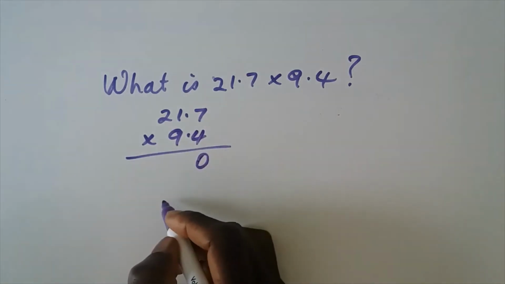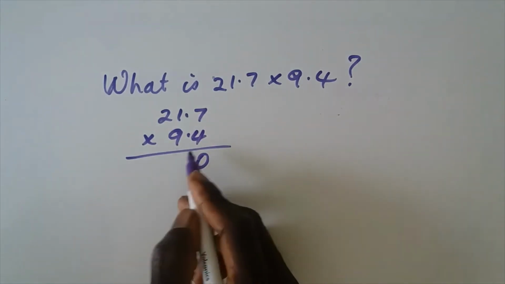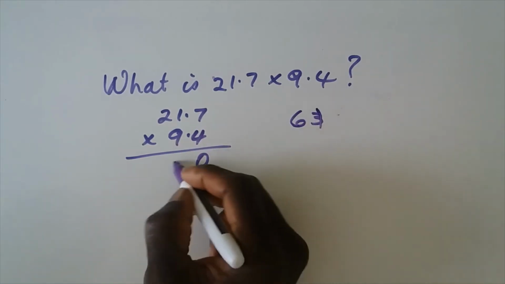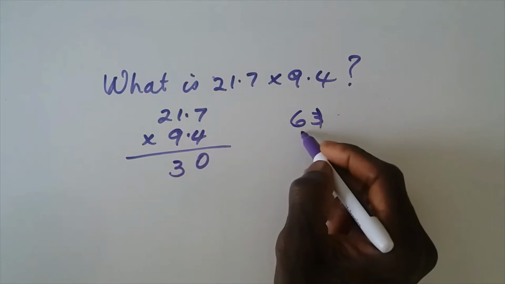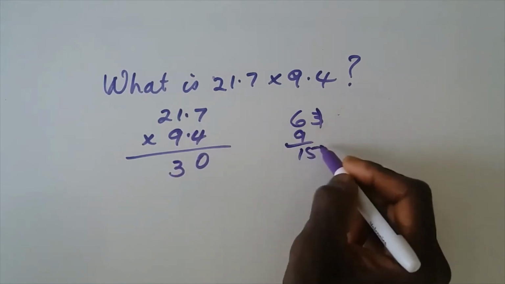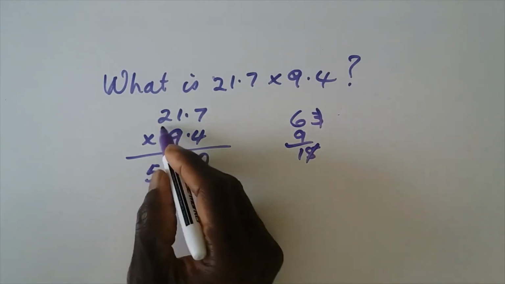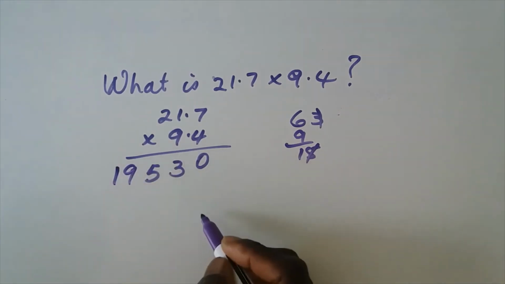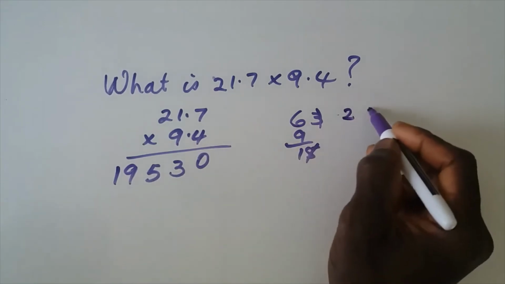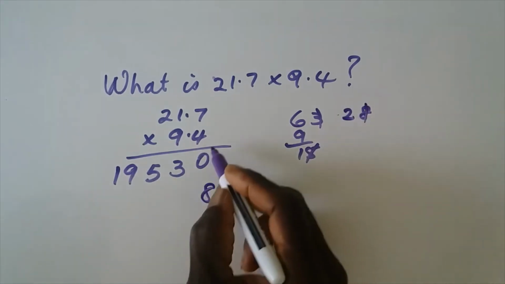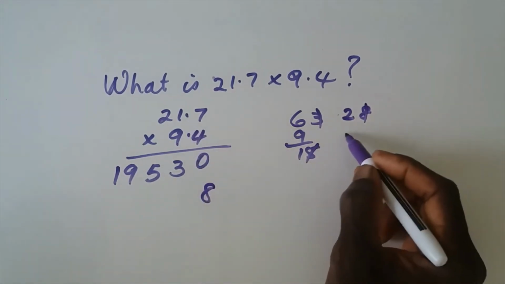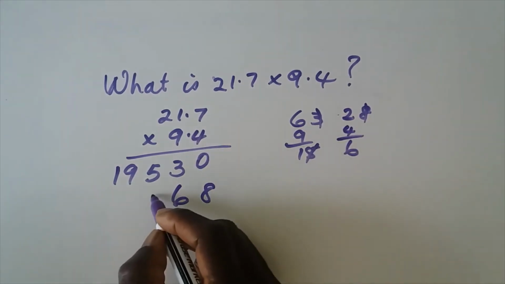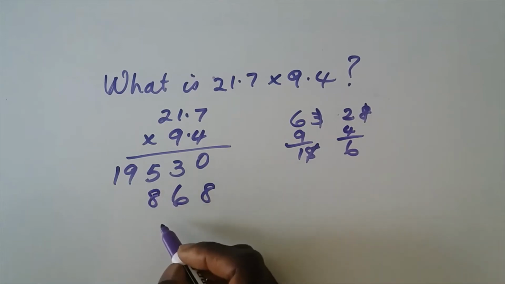We'll ignore the decimal points for now until we're finished. 9 7s are 63, 9 1s are 9, and 6 is 15. 9 2s are 18, plus 1 is 19. 4 7s are 28. 4 1s are 4 and 2 is 6. 4 2s are 8. Let's check that again.